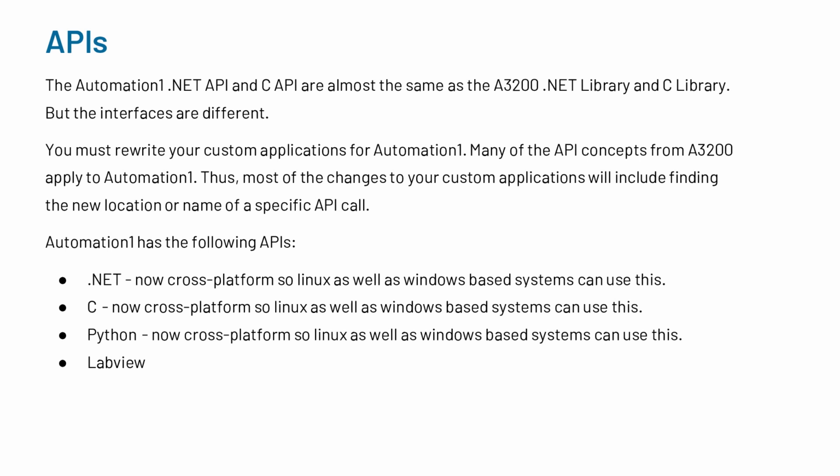It does make it very, very easy to do this, and many of the API concepts are of course the same. There are a few differences, but those differences really are more about modernizing the programming aspects of the system. Also, we now have a full Python library, where A3200 never had that. We also have the LabVIEW library available for Automation1.